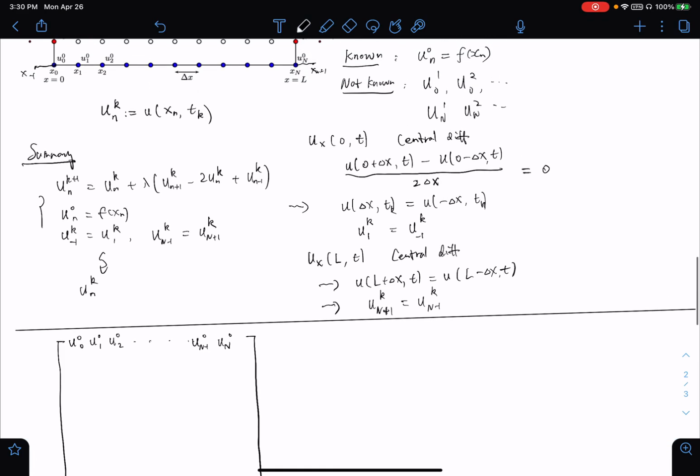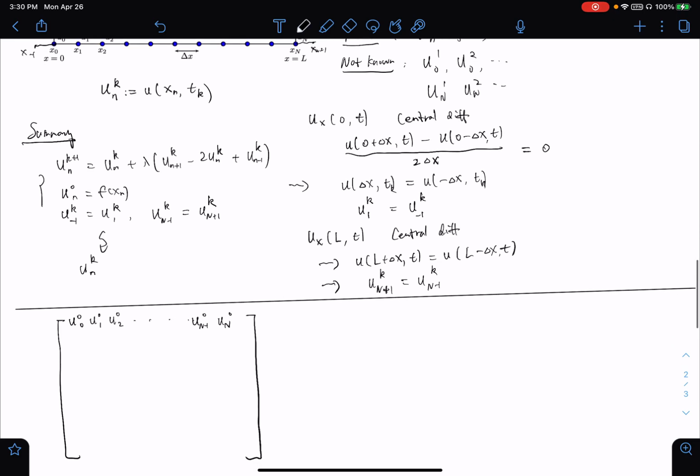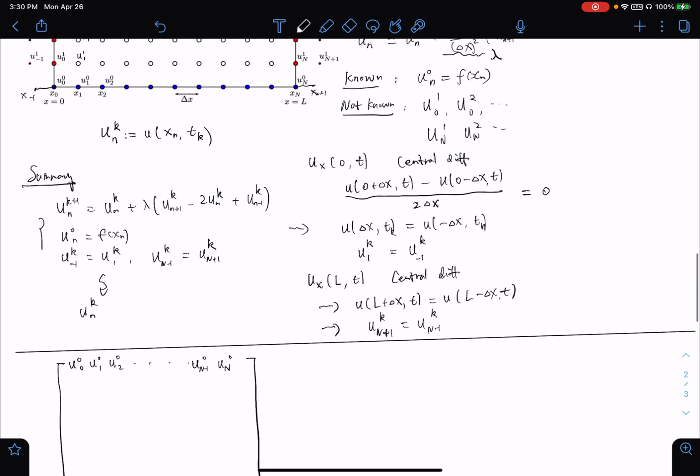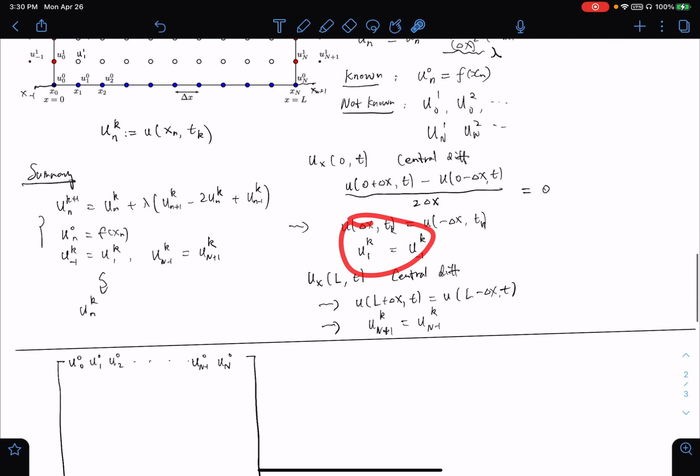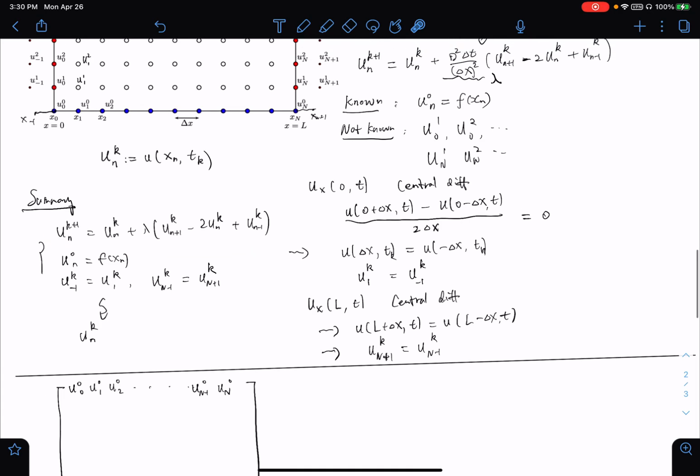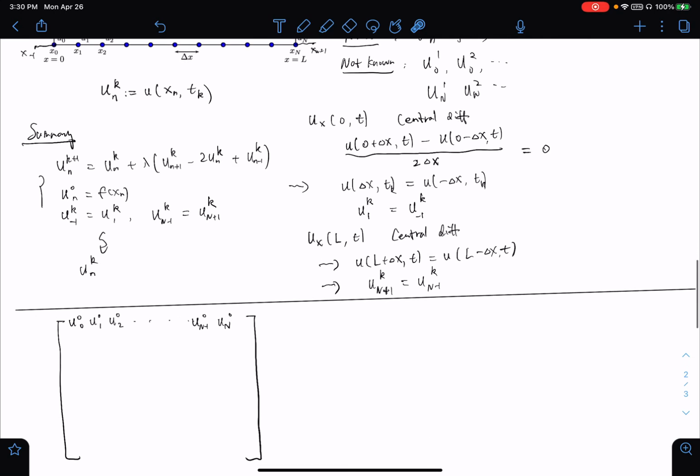And then by this condition, we can plug in to here to generate the formula for the boundary points. Okay, so let us do that.